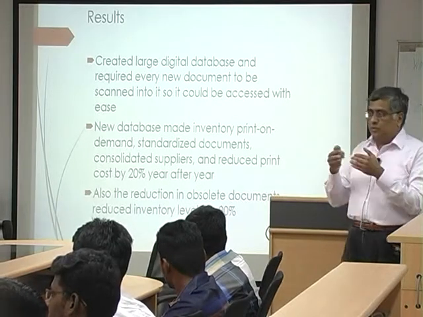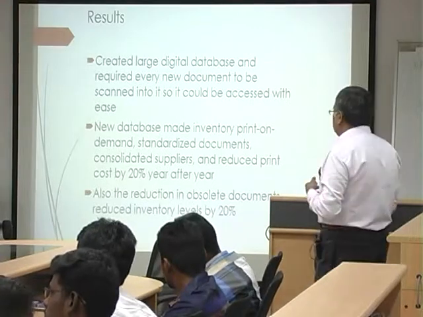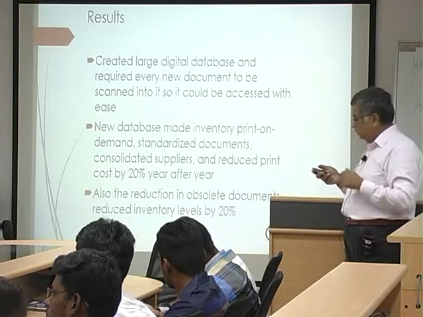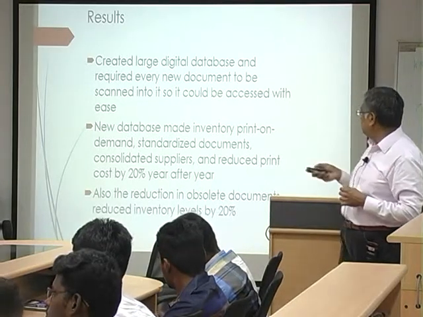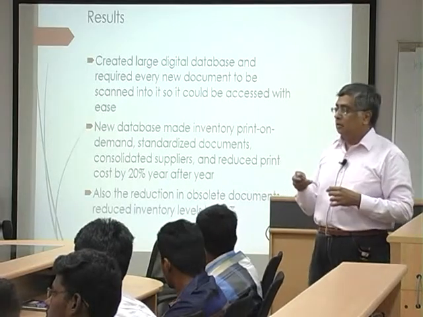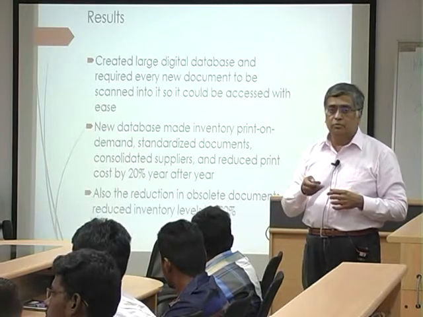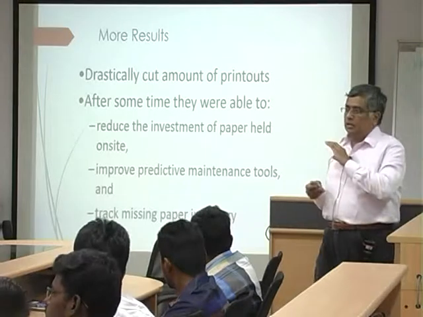They also were able to consolidate their printer suppliers and reduce their print cost by 20% year after year. They showed a reduction in obsolete documents, and they reduced inventory levels also by 20%. Okay, they drastically cut the amount of printouts.